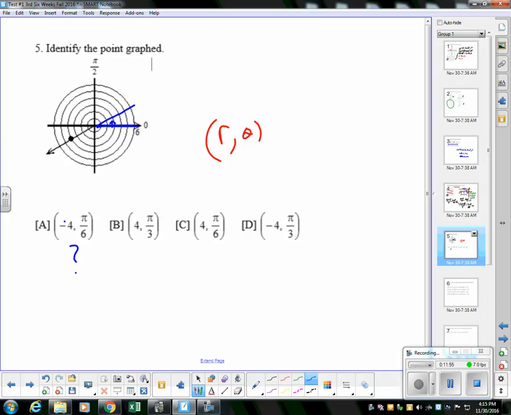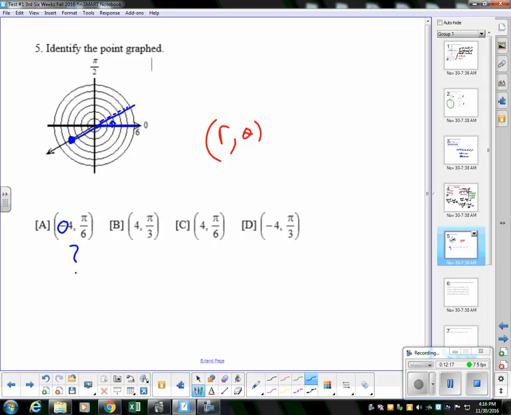But then it says to walk negative 4. In other words, instead of walking forward this way, you walk backwards this way 4 units, and that's going to land you exactly on that point, isn't it? So really what that's saying is that answer choice A has to be the right answer. So the answer to this one is A.